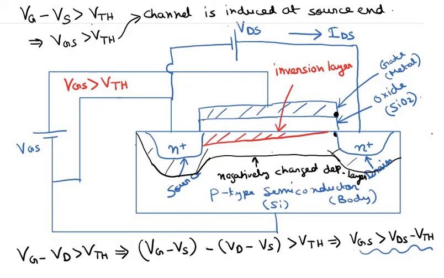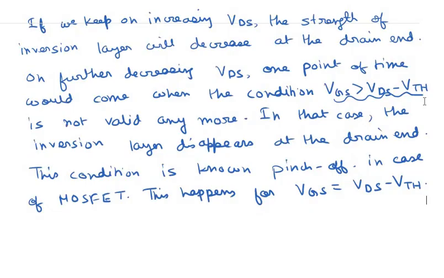Now when we further increase the value of VDS, the value of the drain to source voltage at which this condition is made is known as the saturation drain to source voltage.